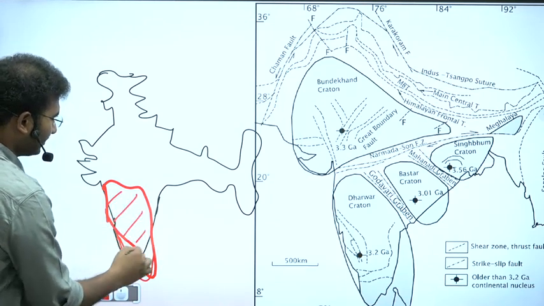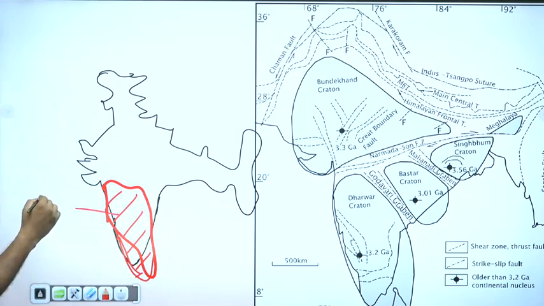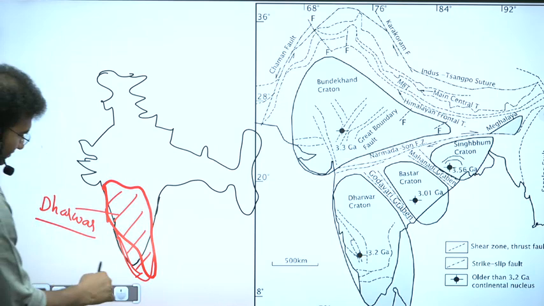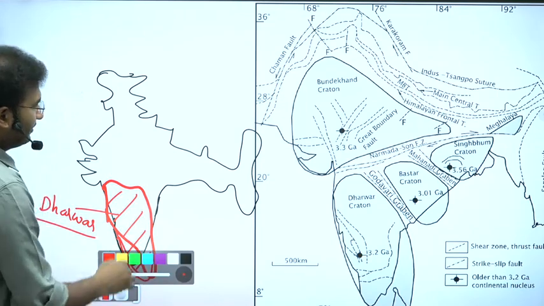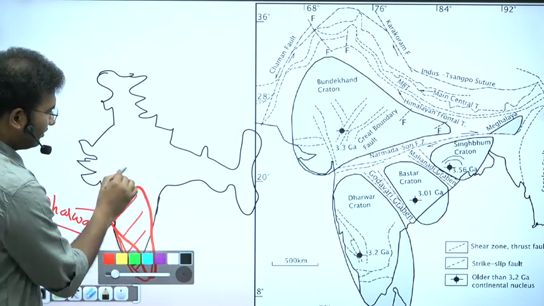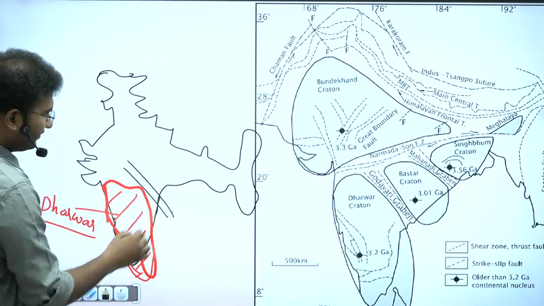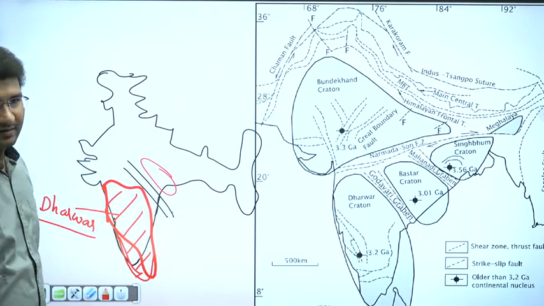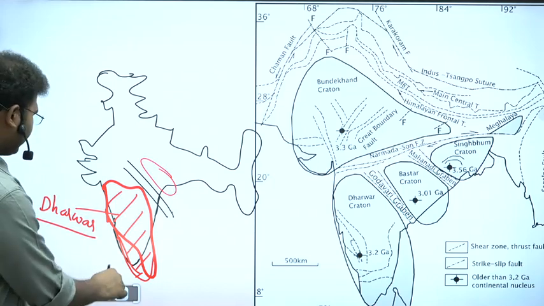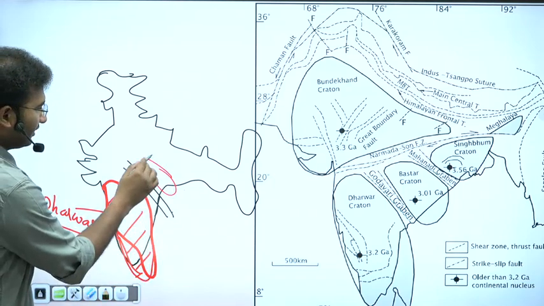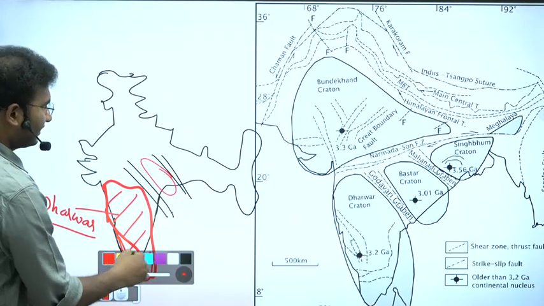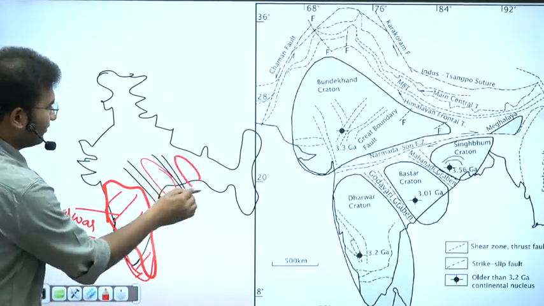This is one craton. What is the name of this craton? Dharwad craton. Right? Next, in between the Dharwad craton and the craton which is Bastar, this is the Bastar area where the Naxalism activity or the left-wing extremism activity is more. Next to this, you have again which craton?